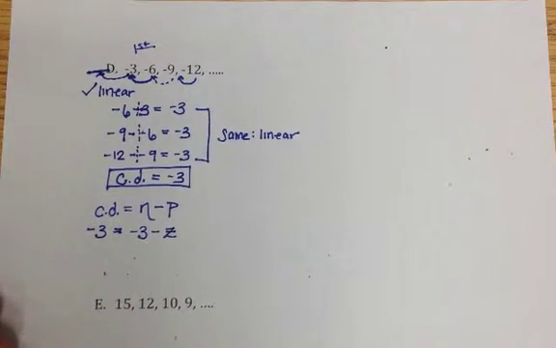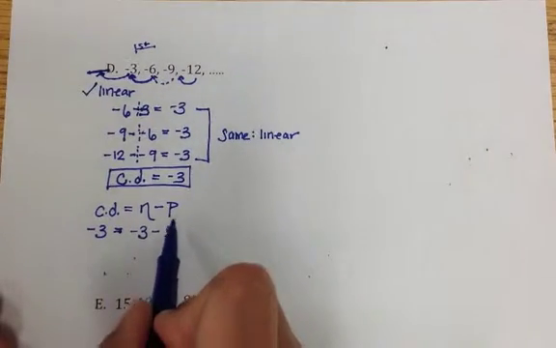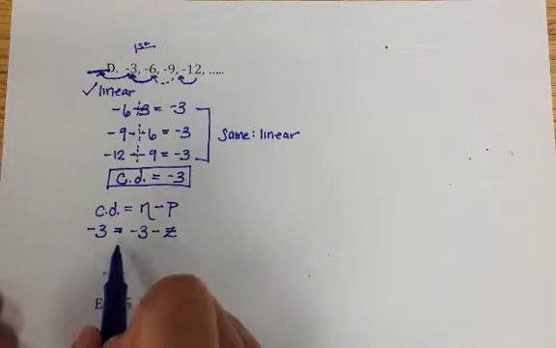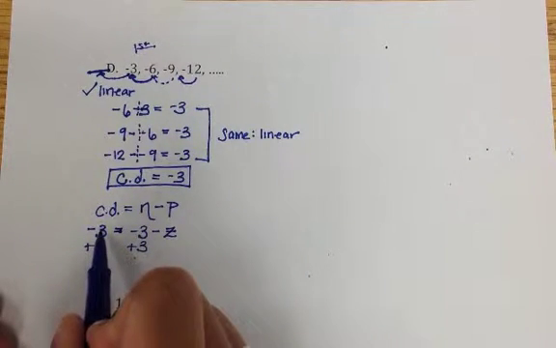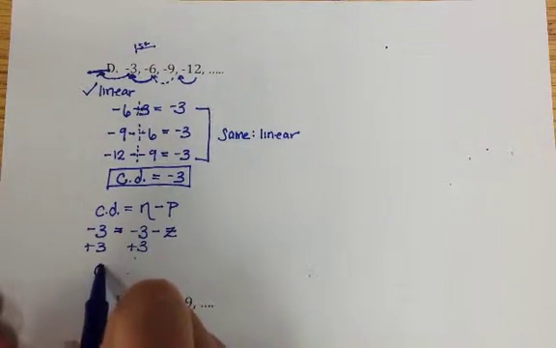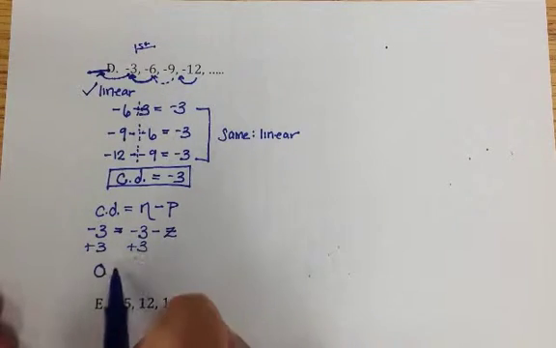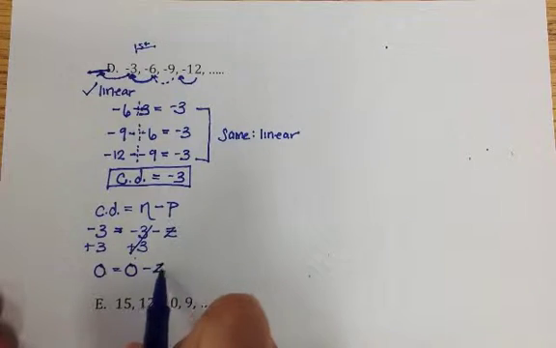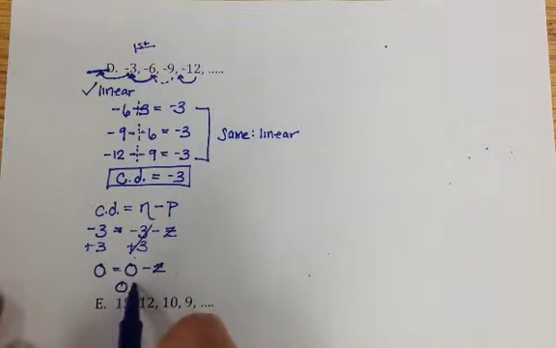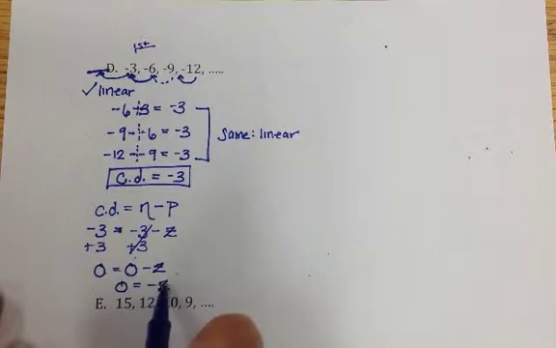which is our unknown. To get this by itself, we're going to use opposite operations, so we're going to add 3 over. Negative 3 plus 3 is 0, so those cancel out, minus z. So 0 equals negative z.